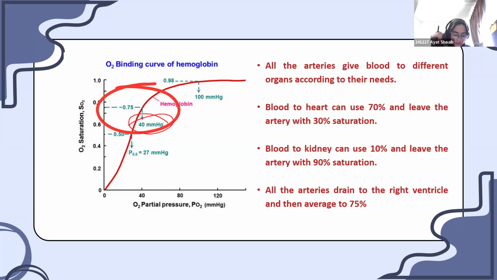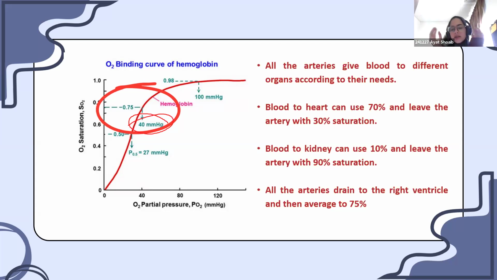All of the parts of your body need different amounts of blood depending upon what they're doing. For example, your heart is always pumping, so it uses like 70% of the oxygen being pumped to it, and you only have 30% oxygen left. The kidney only uses 10% of the oxygen and gives back 90%. Different parts of your body, like the brain, use more and leave the RBCs with less oxygen saturation.